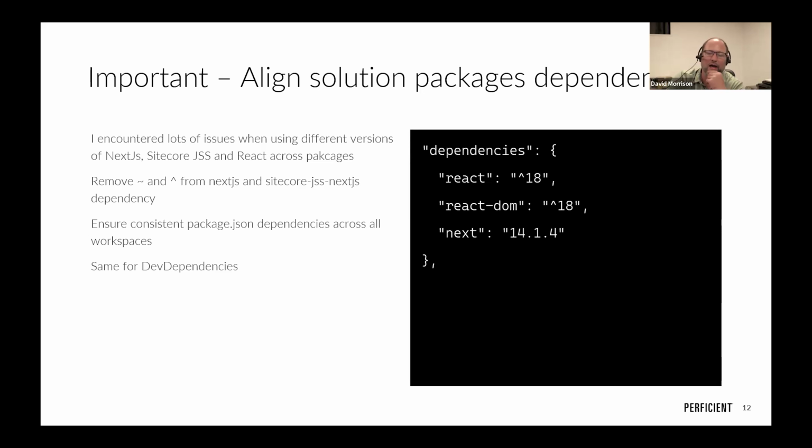I really recommend being aware of all your dependencies across the repo, and it's usually safer to remove the instructions on the dependencies that will upgrade automatically, and I usually prefer to lock it down. If you have a large package structure, it can get unwieldy, but for basic solutions, you want to control those pretty carefully.